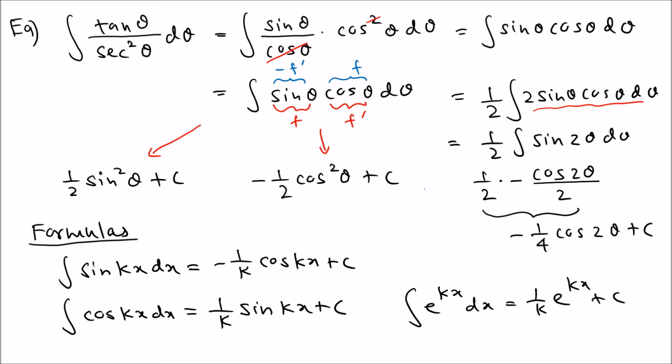Okay, so let's do a few more trigonometric integrals next. Let's do this one as the next example: cosine theta divided by tan theta. If you get a problem like that, you first check whether the top is the derivative of the bottom function or the inside function.